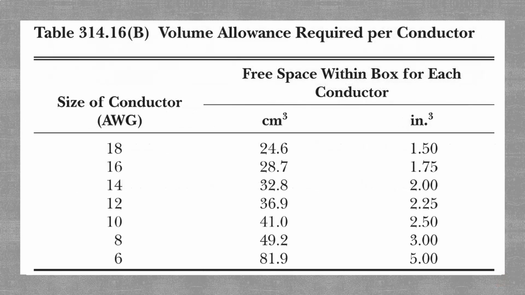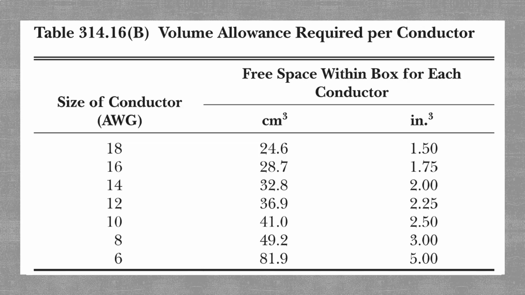And here is table 314.16(B). Try to keep those numbers I previously mentioned, the 10 allowances plus one equipment grounding conductor, in mind. This table, volume allowance required per conductor, is very straightforward to use. On the left-hand column, we have the size of the conductor in AWG, and on the right-hand column, we have the free space within the box for each conductor.